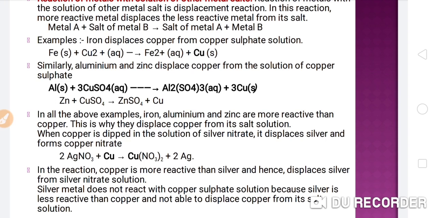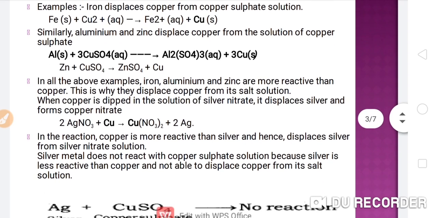When copper is dipped in the solution of silver nitrate, it displaces the silver and forms copper nitrate. Why? Because copper is more reactive according to the reactivity series, so copper can displace the silver from its salt solution, silver nitrate, and copper nitrate will form and silver will deposit.